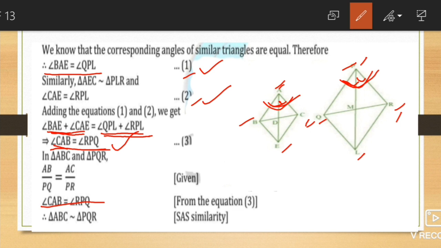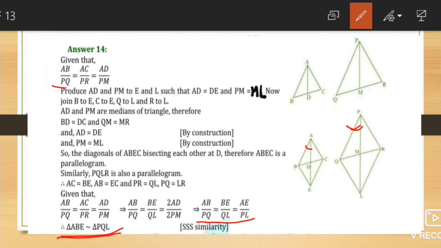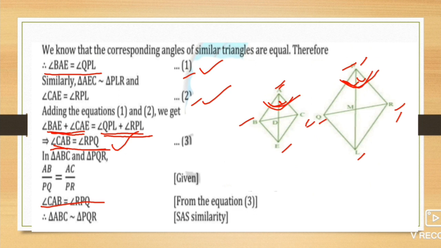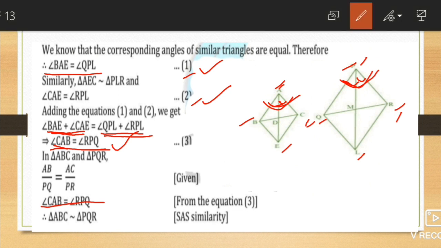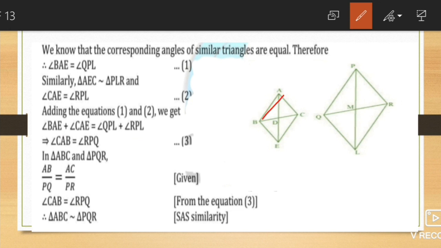Now if you take the original two triangles, ABC and PQR, you already proved that angle A is equal to angle P. Also it is given in the first condition that AB by PQ is equal to AC by PR is equal to AD by PM. So from this condition, you can take the first two ratios: in triangles ABC and PQR, AB by PQ is equal to AC by PR.